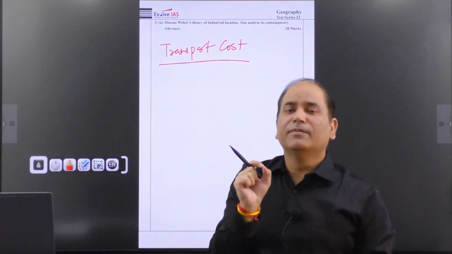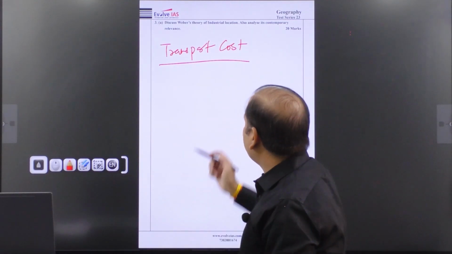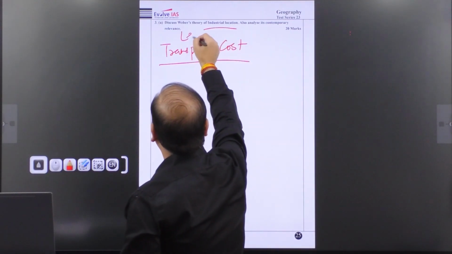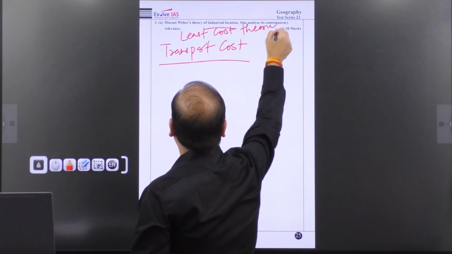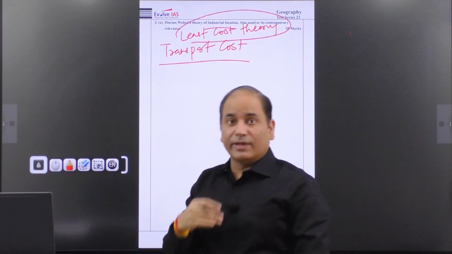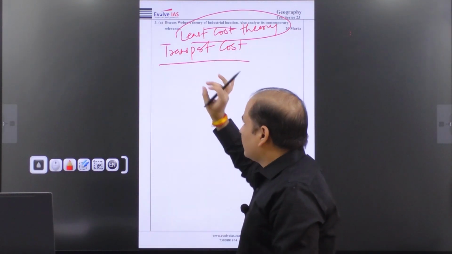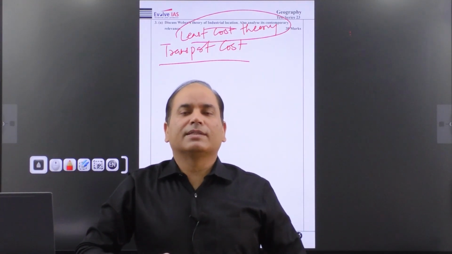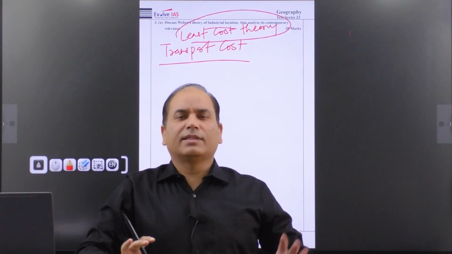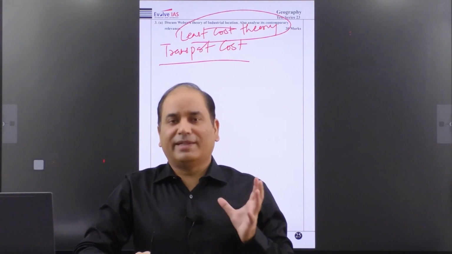Cost is very important in Weber's industrial location theory, which is why it is also referred to as the least cost location theory. The first cost he considered is transport cost, because Weber considered most things to be constant. The only variable is the raw material.